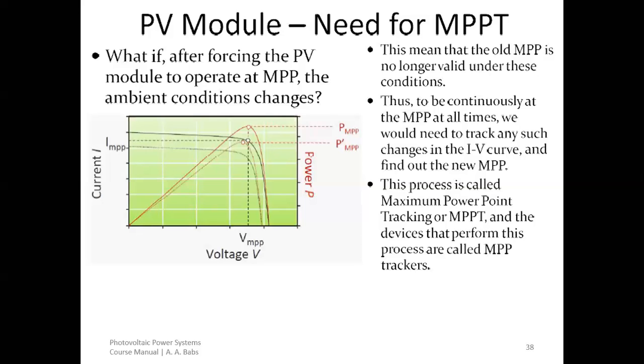After you do that, another variation occurs, then you do that again, then another variation occurs. That simply means that for every variation, there has to be something that continuously tracks those changes and continuously adjusts the voltage and current to make sure that the power output remains maximum at every change in the ambient conditions.